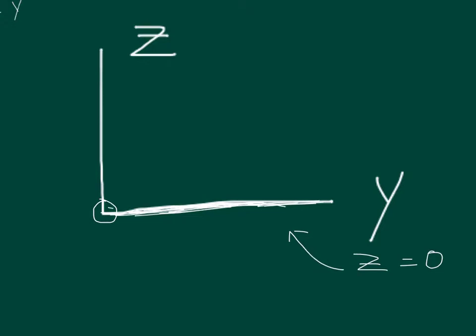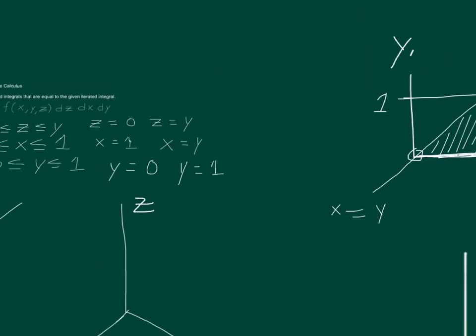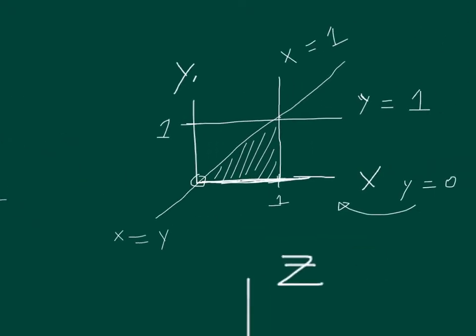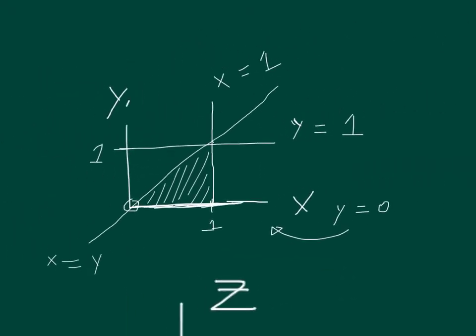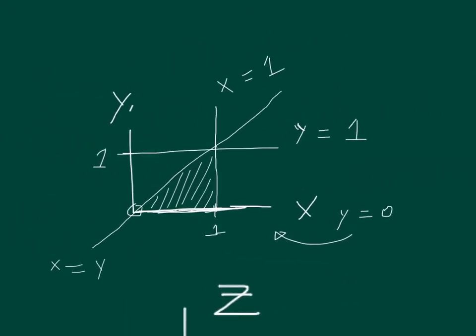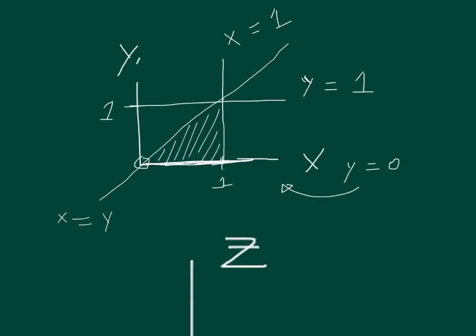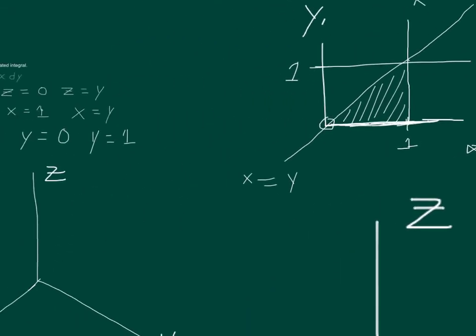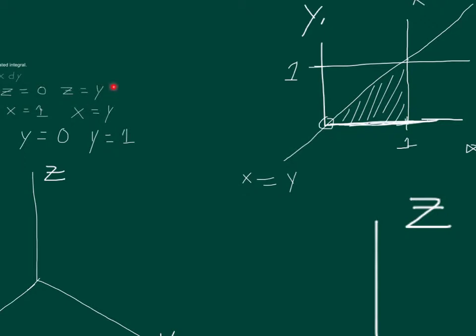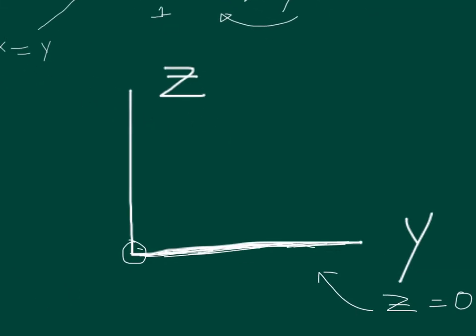And so now we'll move on to our other equation, which is z is equal to y. Now, again, very much comparable to something we did in the xy plane. In the xy plane, we had a function of x is equal to y. And so now we have a case where our function is z is equal to y. And so on the zy axis, it looks very much the same.